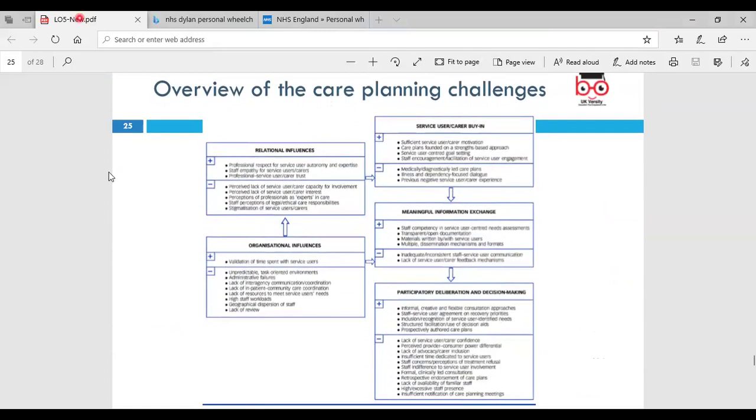I want to ask, is there a way one can get a sample of a care plan, like a template, if one wants to prepare it? Okay, we can provide that for you. I can ask them. Also, this module has still not been opened in the learning portal.